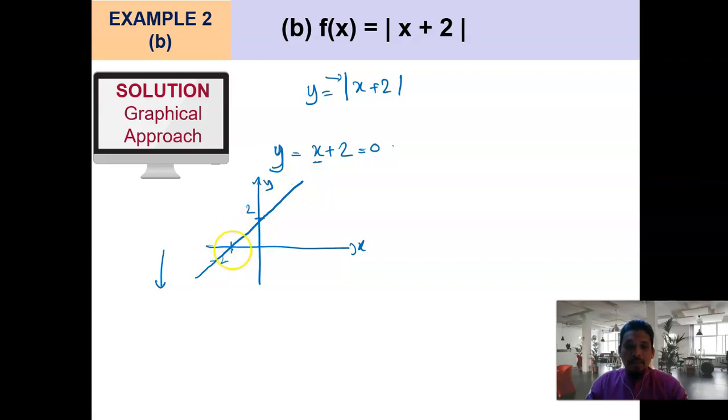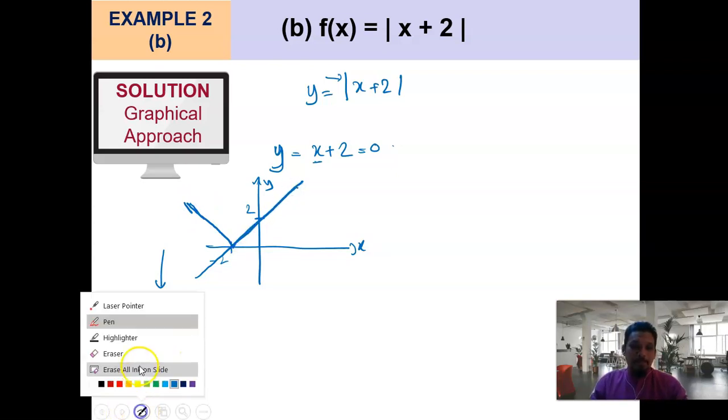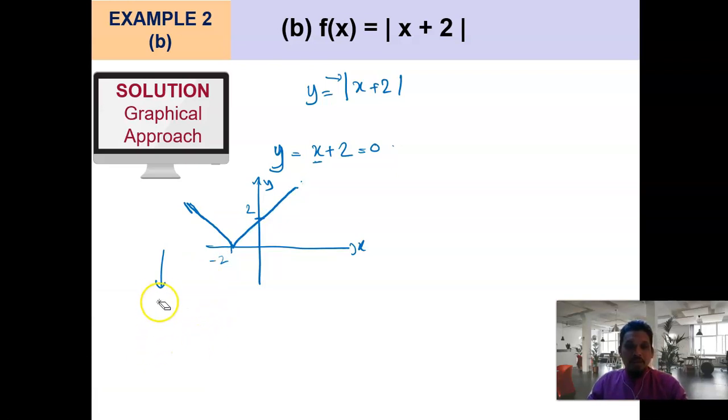This graph, especially the part below the x-axis, will reflect above through the x-axis. So it becomes like this. There will be no more graph below the x-axis, and this is the graph of the absolute value of x plus 2. Now, what is the domain of this function? The domain is all values of x, am I right?